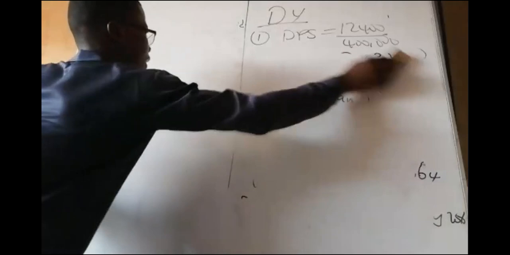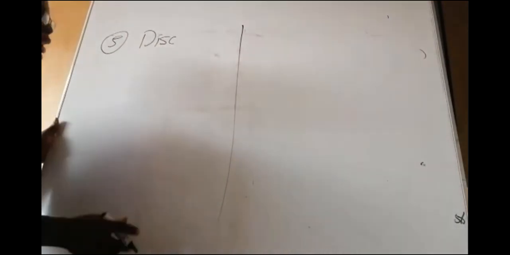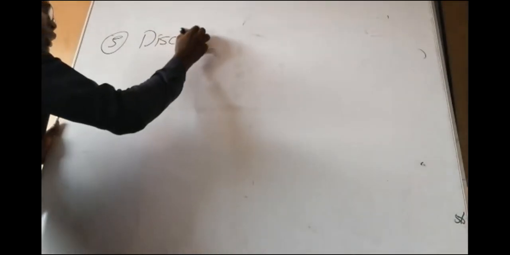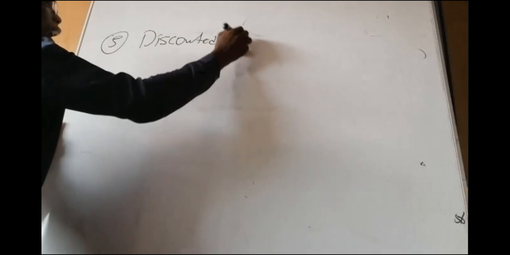In our previous meeting, we were just marking it with illustration. Now for the discounted cash flow technique, that's the fifth one that we are doing.